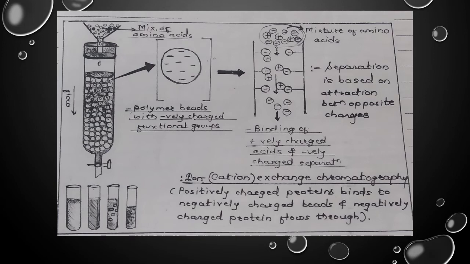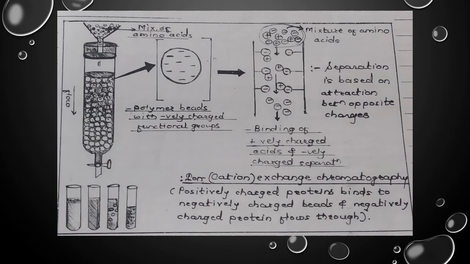First the mixture of amino acids is poured into the column chromatography, and the polymer beads carry negatively charged functional groups. So positively charged amino acids bind and negatively charged ones separate. Here we can see the mixture of amino acids. When poured into the column, the separation takes place based on the attraction between opposite charges.